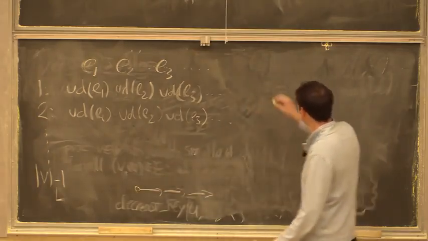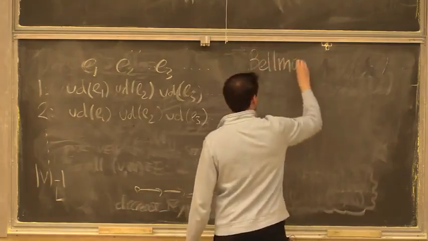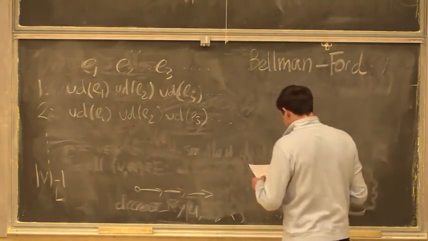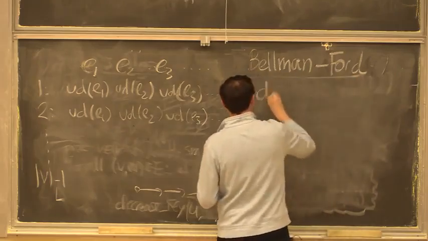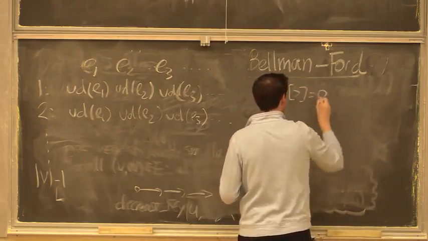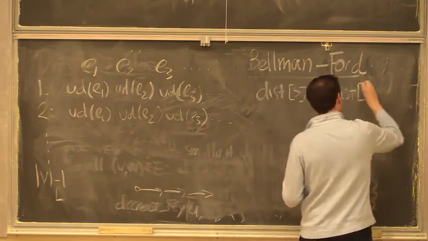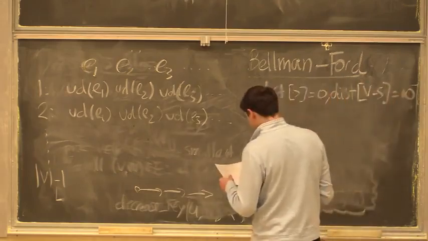All right? So let me write it in code. So Bellman-Ford, we're going to start out our distances for S to be 0, and for the rest, V minus S, to be infinity, like before.